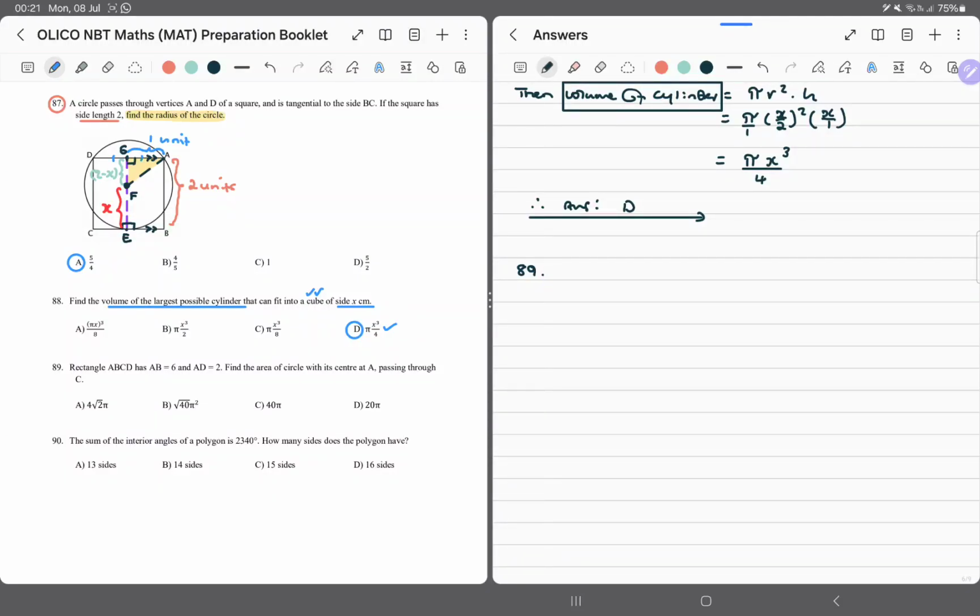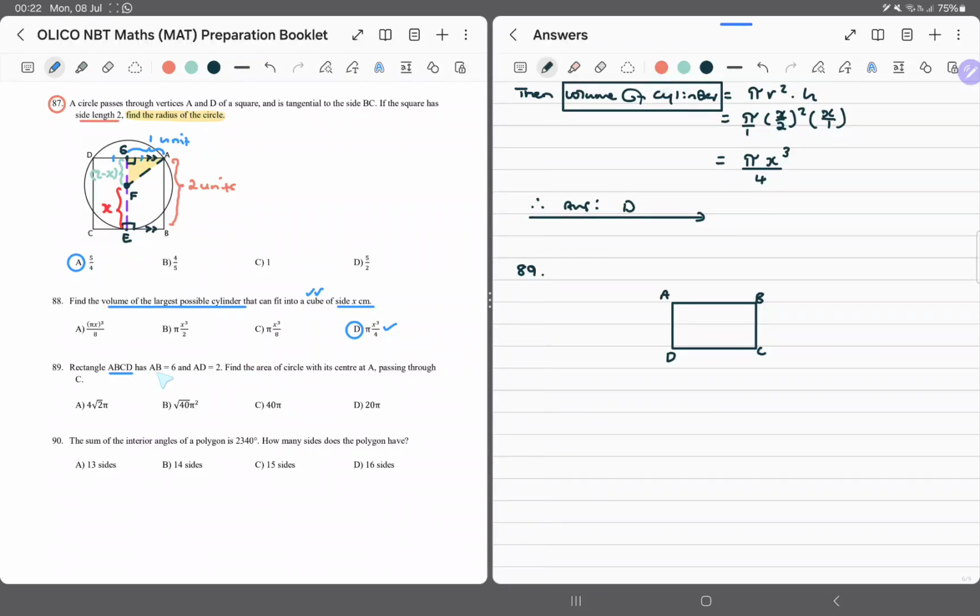89 says a rectangle ABCD. Again, the naming is important. Has AB, so let's draw our rectangle. So we've got A, B, C, D. Even if one started here and say A, B, C, D or A, B, C, D, doesn't really matter. But the naming should follow each other like that.